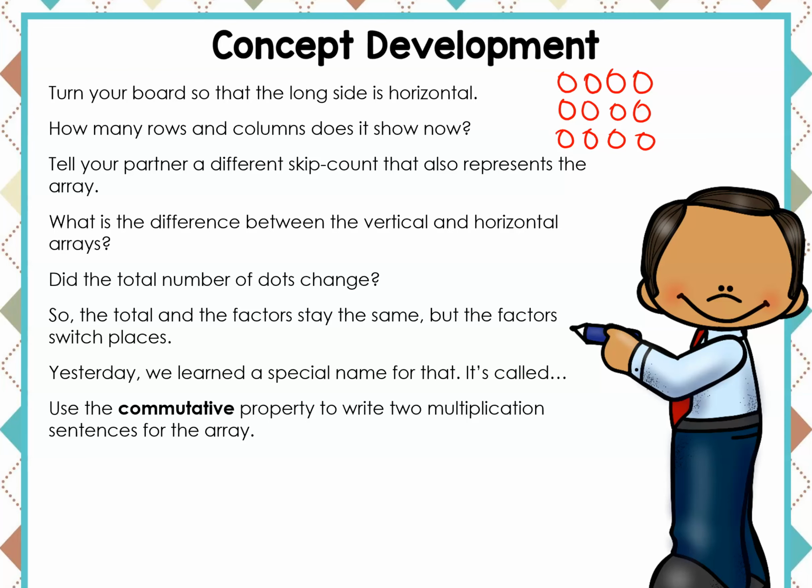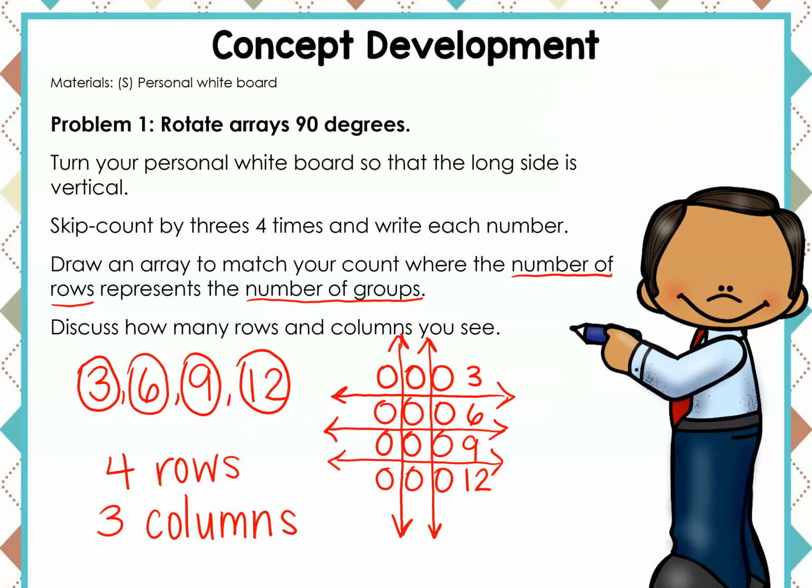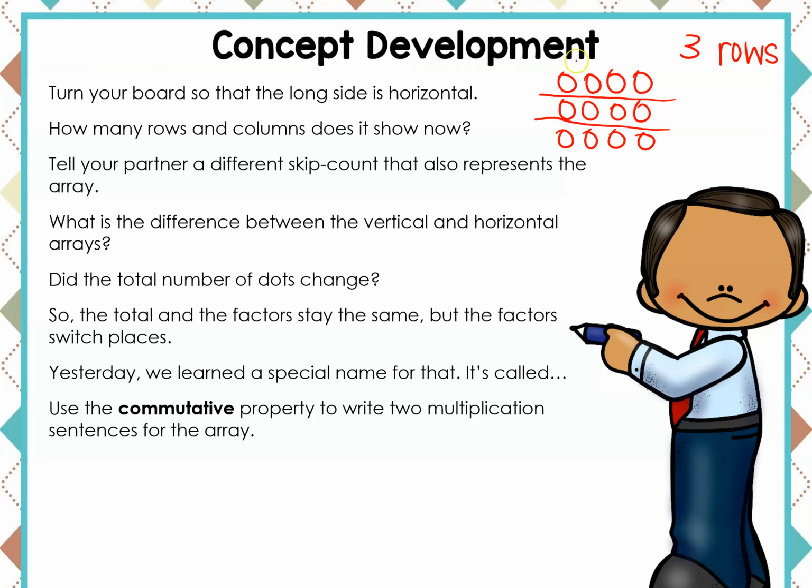Now, if this is our new array, do we still have 4 rows? No. This time we have 1, 2, 3 rows. And do we still have 3 columns? No, this time we have 1, 2, 3, 4 columns.